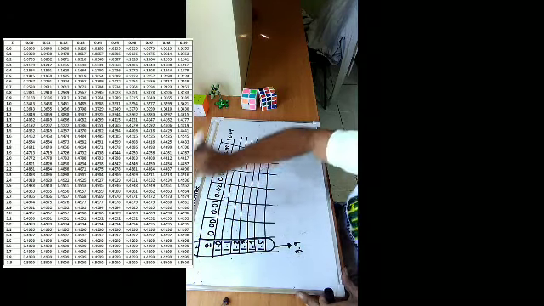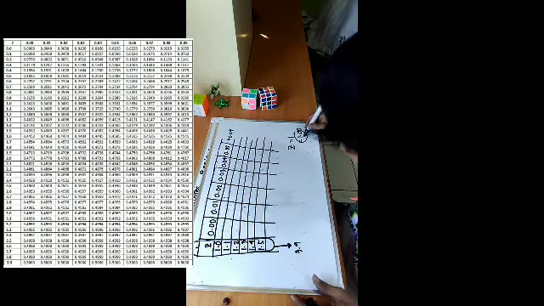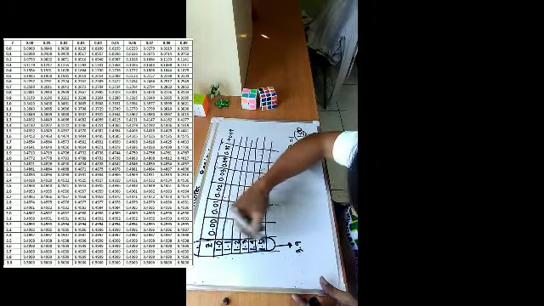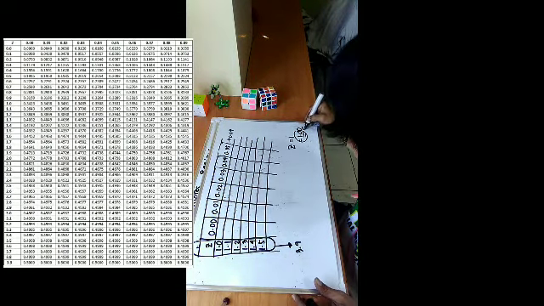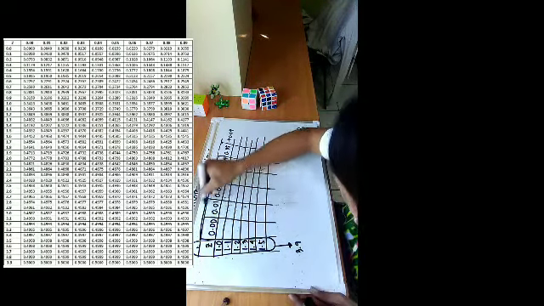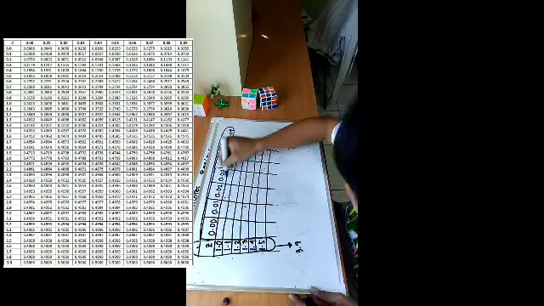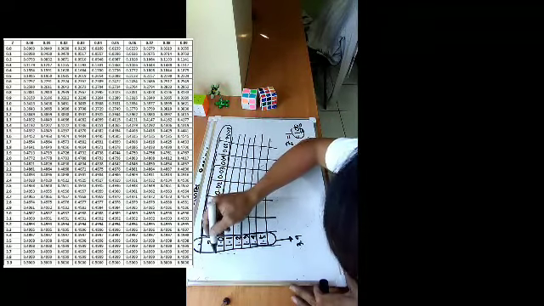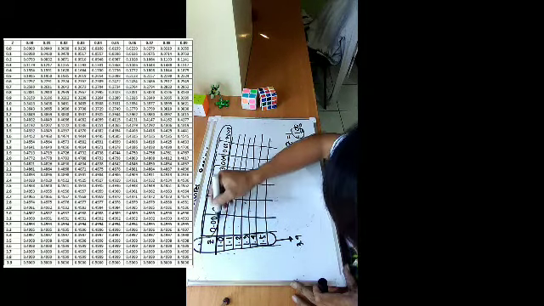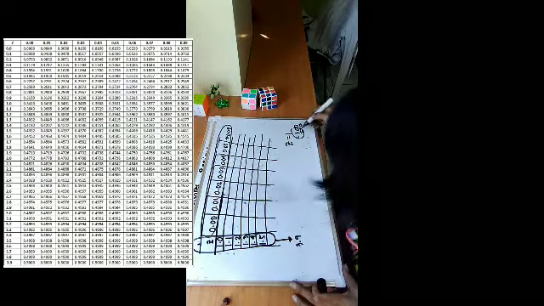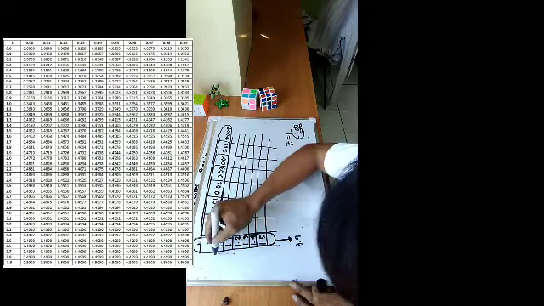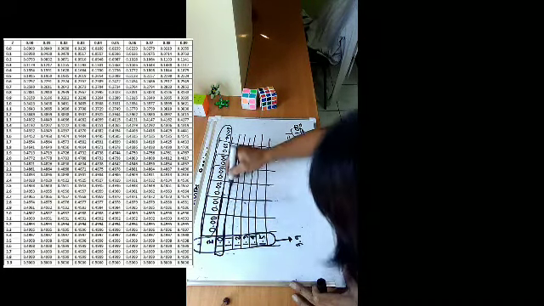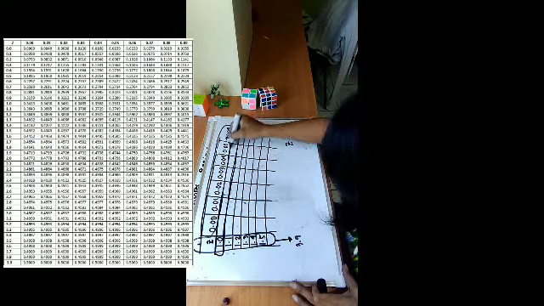Okay, so we will find the first digit on this side, and then the last digit is on the top portion. So how will we find this? We will get its intersection. Since 1.0 is on this part, right?